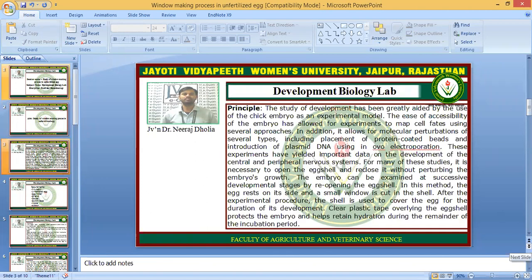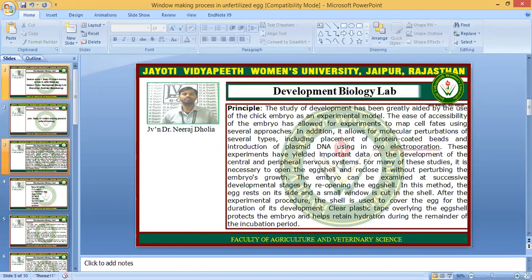So why do we do the window making process and what is the application of this? The study of development has been greatly aided by the use of the chick embryo as an experimental model. The ease of accessibility of the embryo has allowed experiments to map cell fates using several approaches.